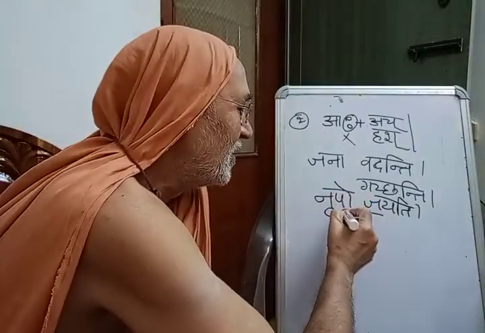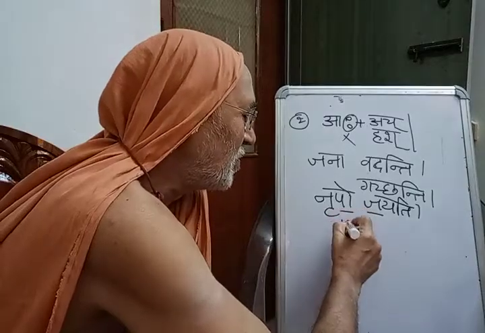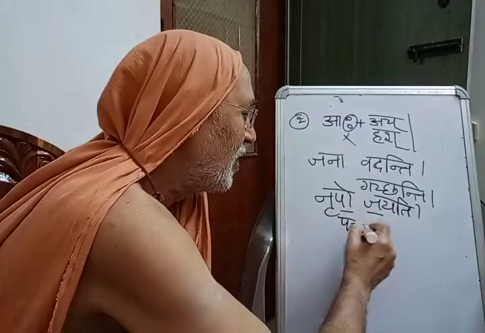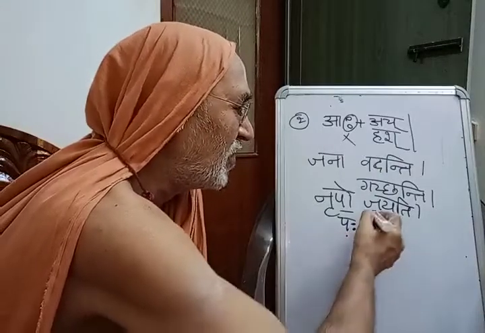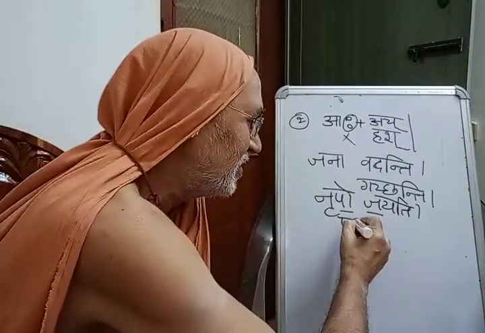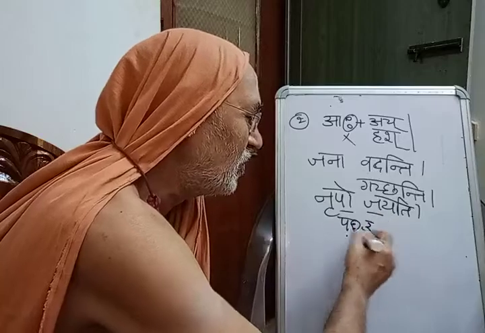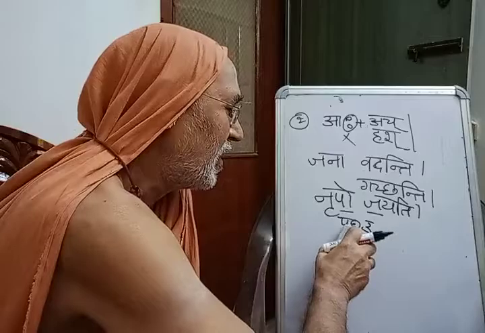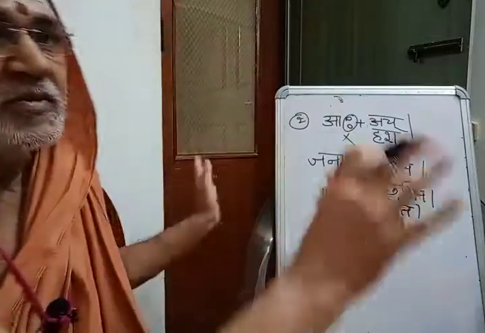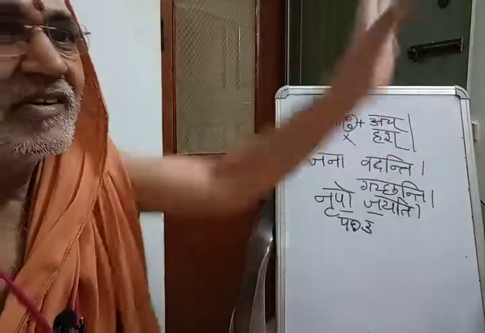Nrupo, in fact, was Nrupaha. Then why did it become O? That is, as I told, the first rule: Visarga preceded by A and followed by Ja, a soft consonant, changes first to U, and U joining with A becomes O: Nrupo. So Nrupo Jayati. You split it, Nrupaha Jayati, and translate it.